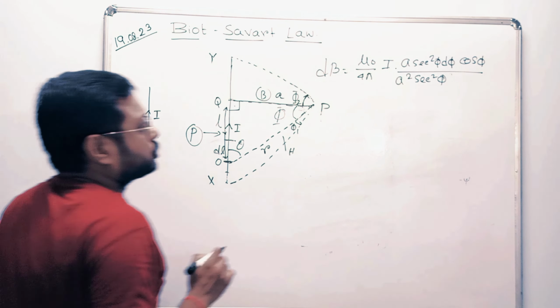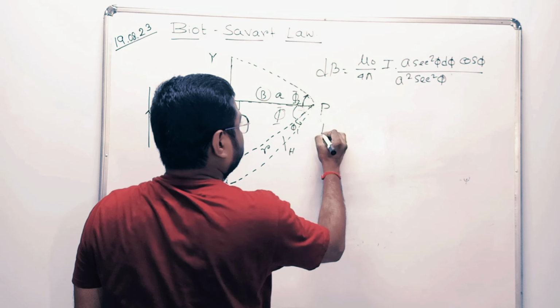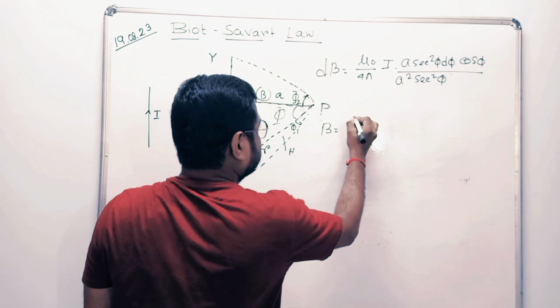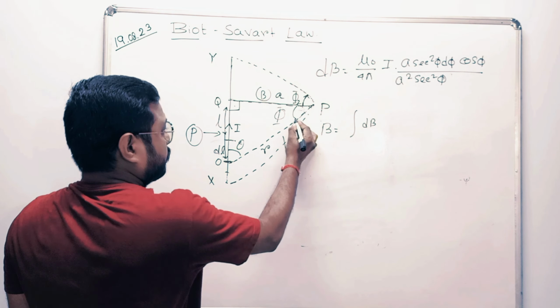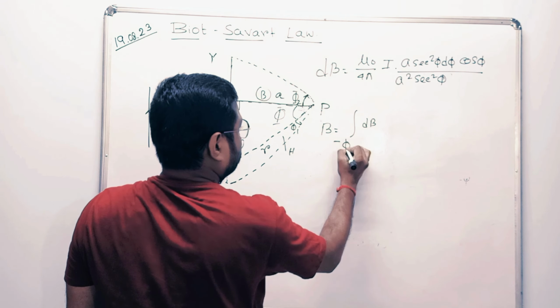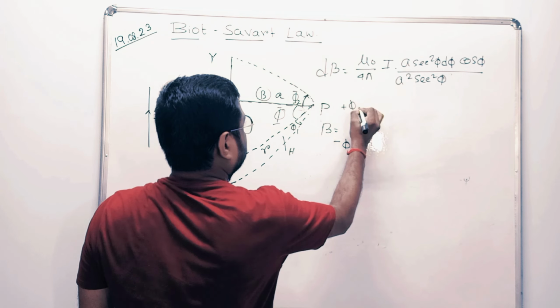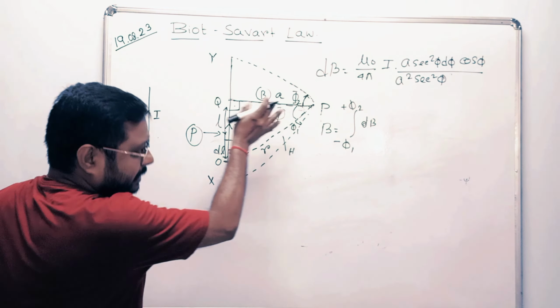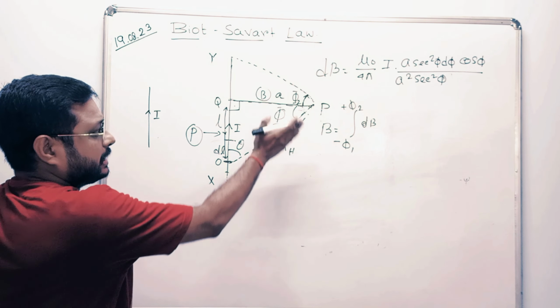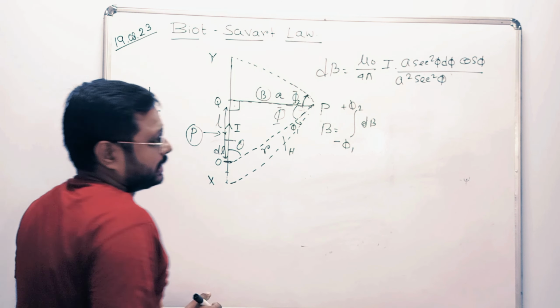So the total magnetic field B becomes the integration of dB, with limits from minus phi 1 to plus phi 2. Why minus? Because the direction of phi 1 is downward and the direction of phi 2 is upward.